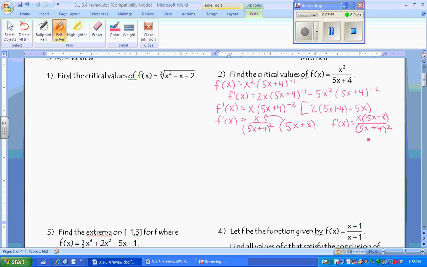So you just forget about the bottom, and you set x times 5x plus 8 equal to 0. Well, x equals 0, and then 0 equals 5x plus 8, so x equals negative 8 over 5.